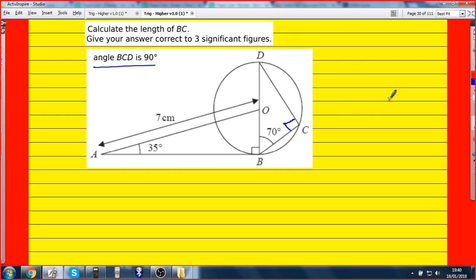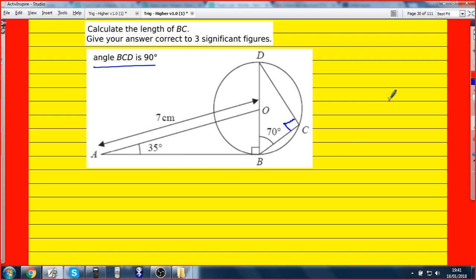Do you find the 7? Do you have to find that triangle to find that out?